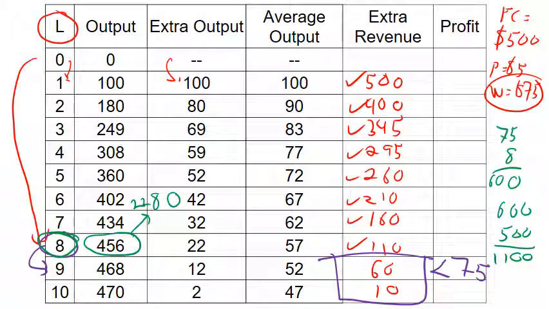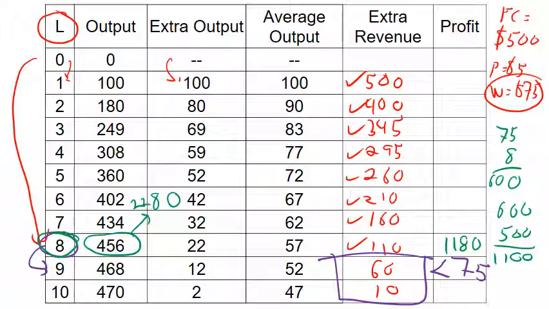So my profit is going to be 2280 minus 1100, which is 1180. That's again the revenue of 2280 minus the cost of 1100.